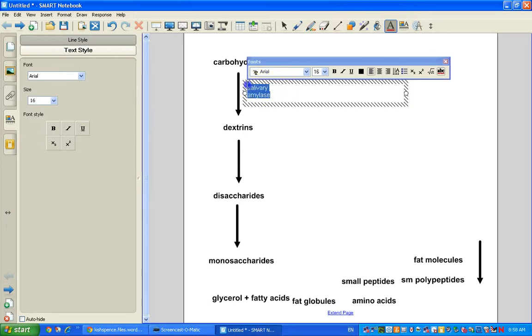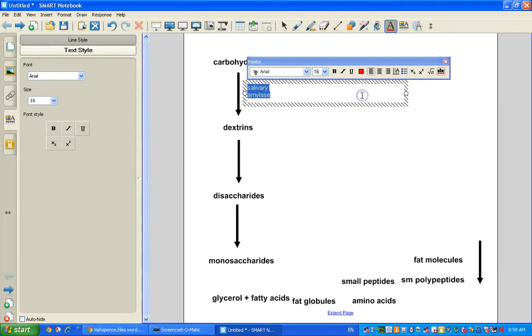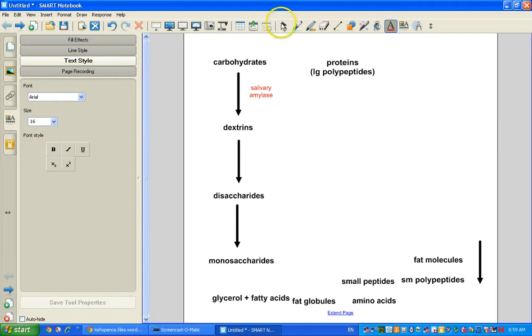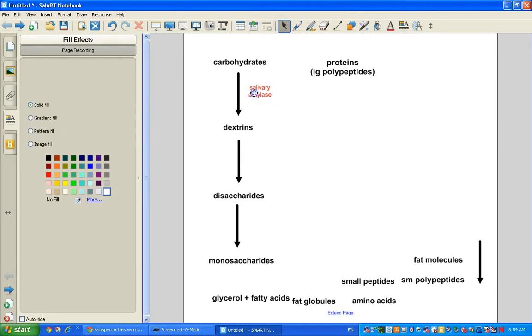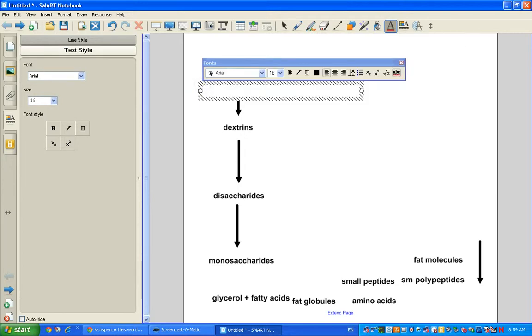I'm going to put that in, let's see, what color? We'll go red. So salivary amylase is the enzyme that's working here. And on the left, we're supposed to indicate where it happens. So we said that happens in the mouth.